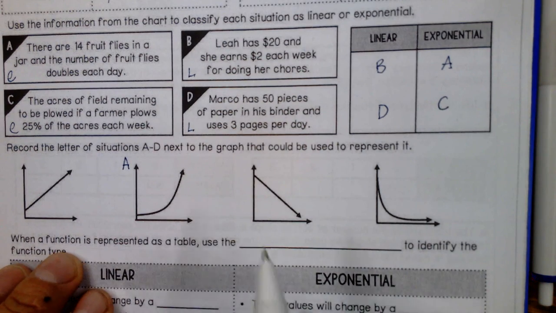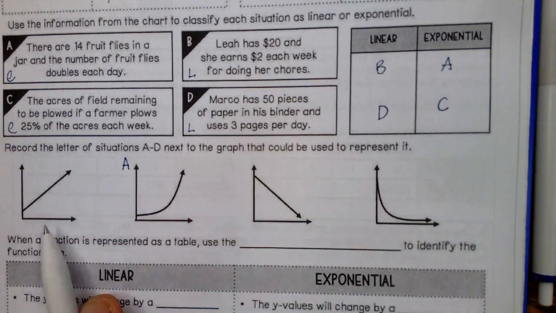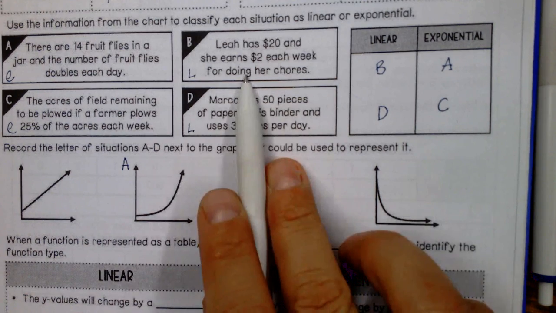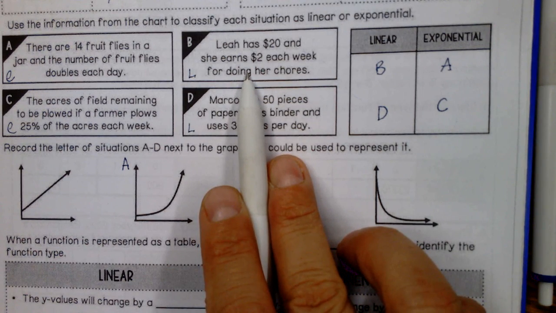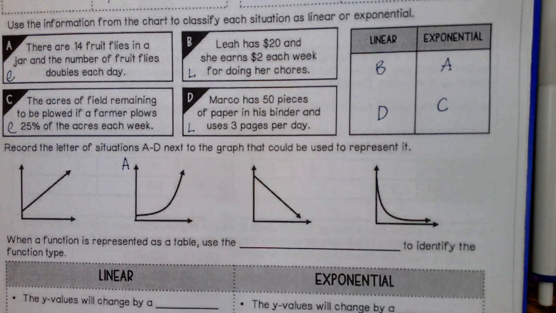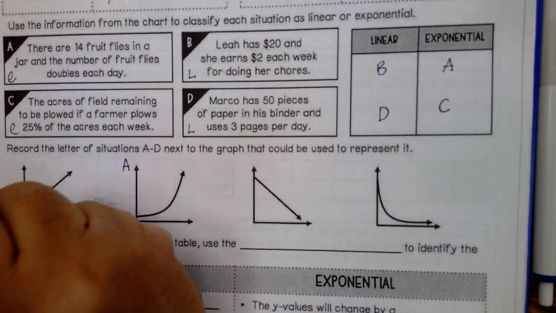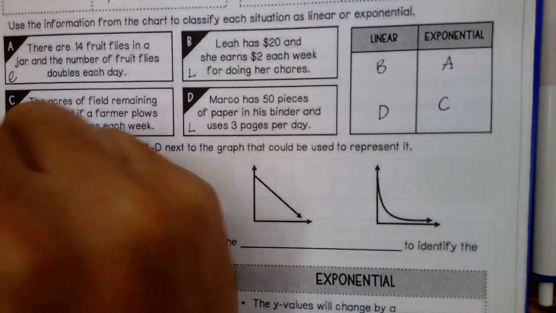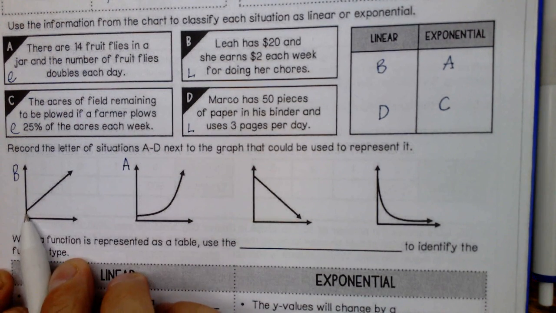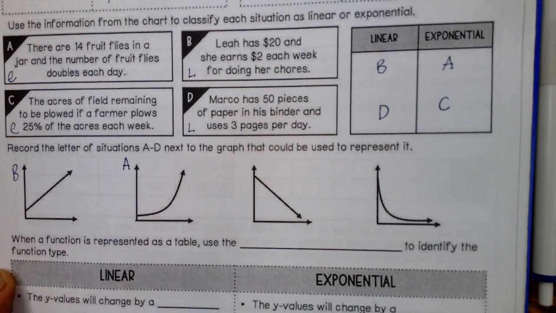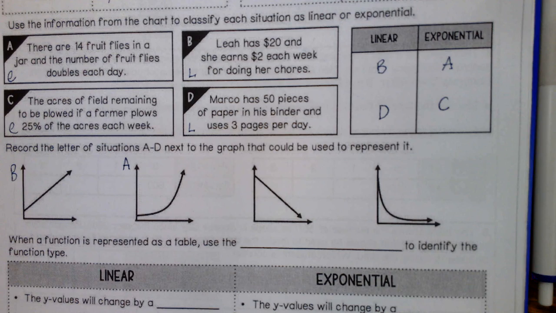Okay. So let's move on to B. B is linear, so it's either one of these two. Leah has $20. Yeah, so which one of these? Is it the first one or the second one? Yeah, she starts with her $20 and then adds $2 more each week. Okay. Yeah.